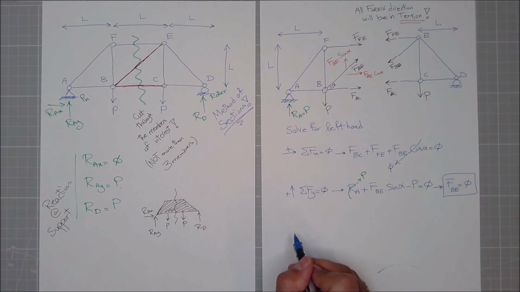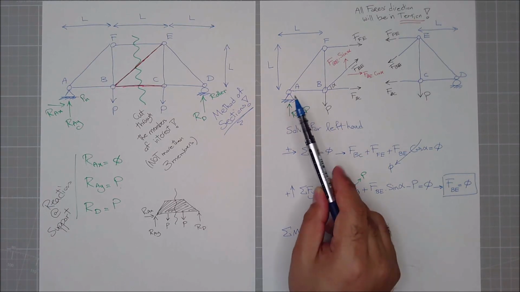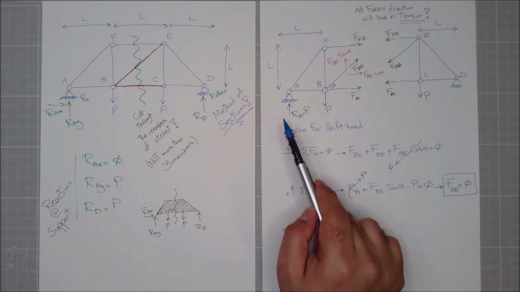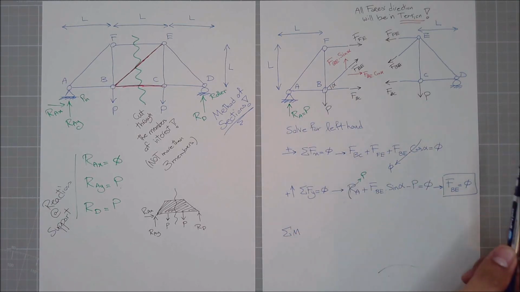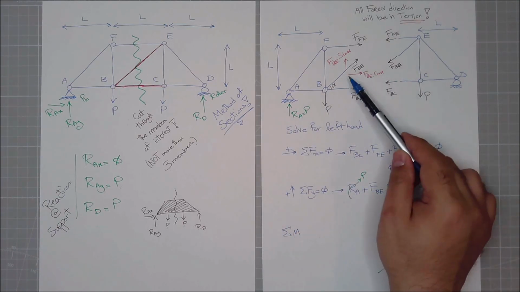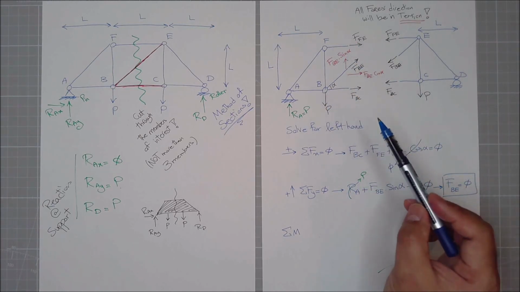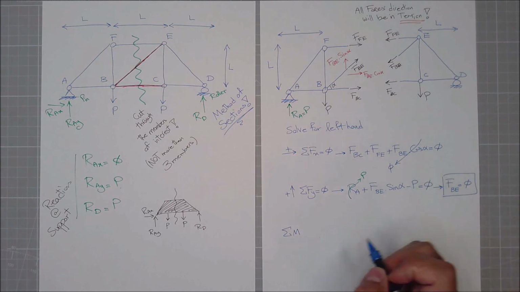Now let's do a moment along one of the points. We were usually doing it along point A, but I have lots of knowns over there. My unknown currently, FBE, is known, so these two are my unknowns. Let's do it through point B. Remember, you can do moment along any point that you want.